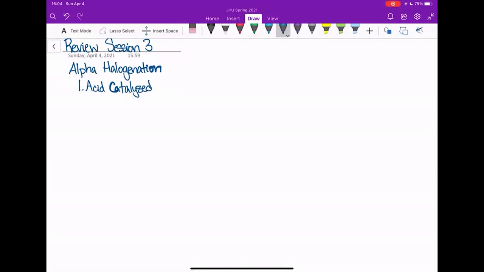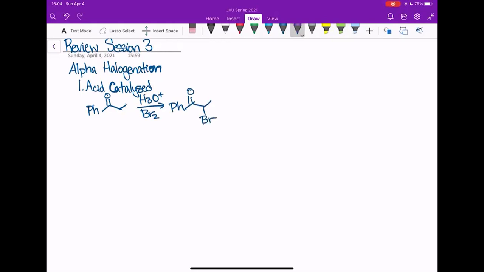And so when we have these, we're going to be using a carbonyl, any sort of acid, and then your halogen. And so you will be halogenating the alpha position. So your final product will be adding a bromine to that alpha position.